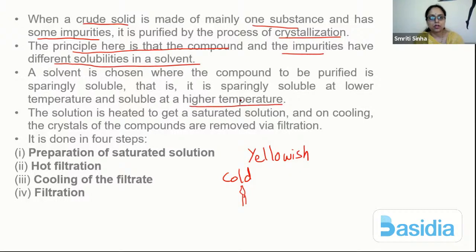So for the crystallization technique, you need to choose a solvent which dissolves the solid very little, or sparingly, at room temperature, and dissolves it completely at a higher temperature. While choosing the solvent for crystallization, remember that the solvent should dissolve your solid completely at high temperature and only sparingly at room temperature.